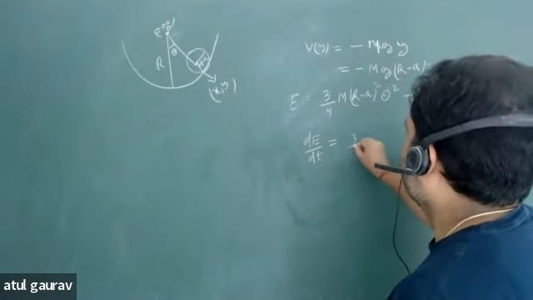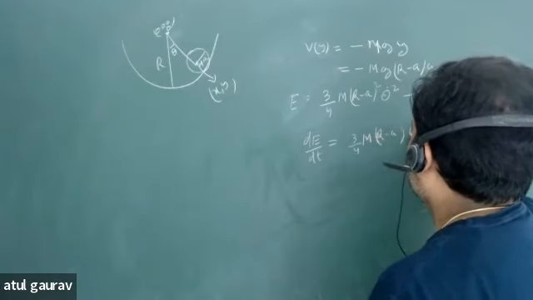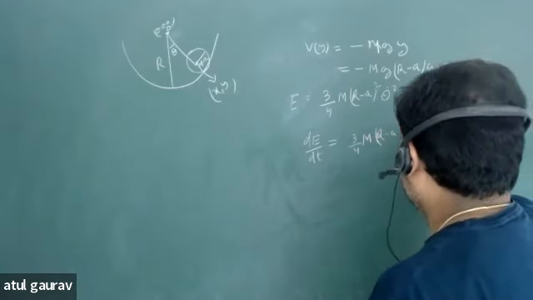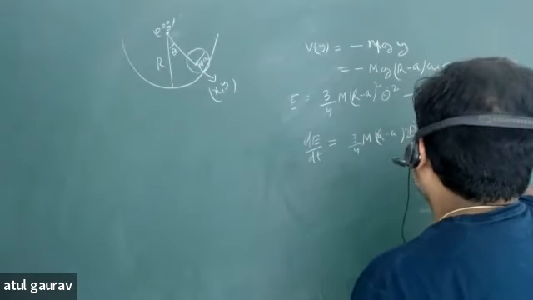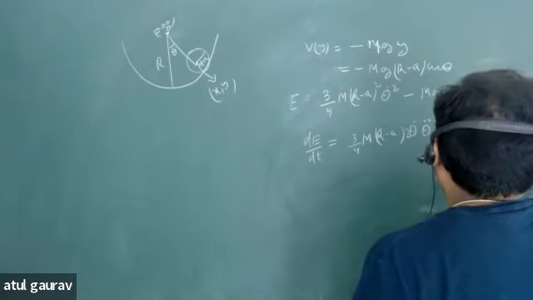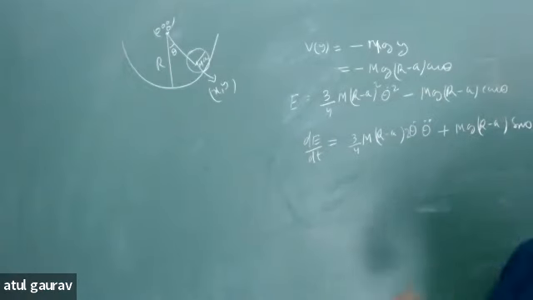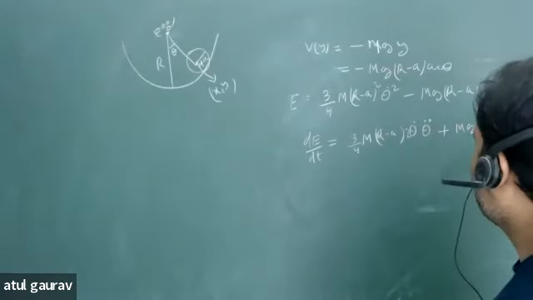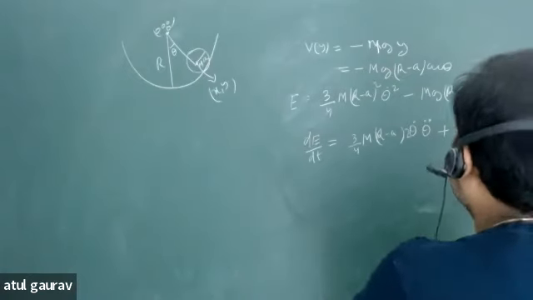So this will be 3/4 m (r minus a) square, 2 times theta dot theta double dot, plus mg (r minus a) sin theta theta dot, must be equal to 0. अब यहां से क्या क्या कॉमन ले सकते हो? (r minus a) square आएगा ना फर्स्ट टर्म में.